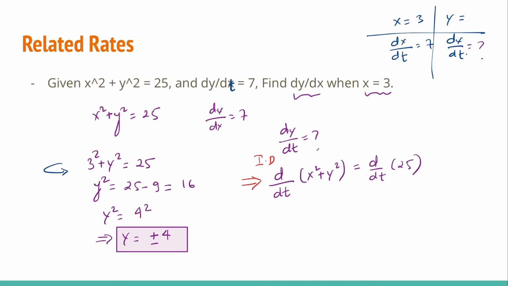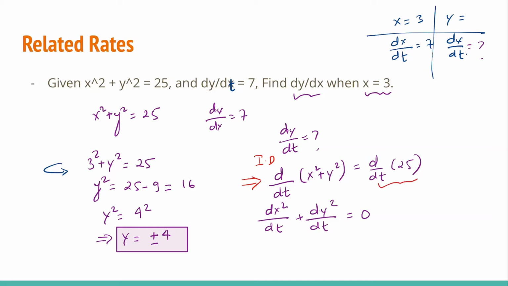We differentiated the given equation with respect to time, which is dt, right? So that will be dx squared over dt plus dy squared over dt equals 0, because this is a constant and the derivative of a constant is 0.